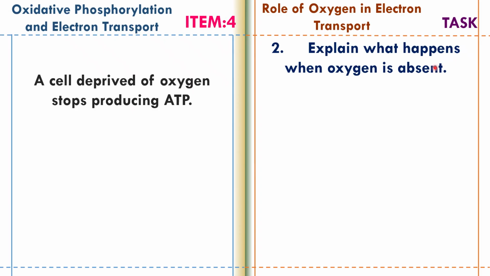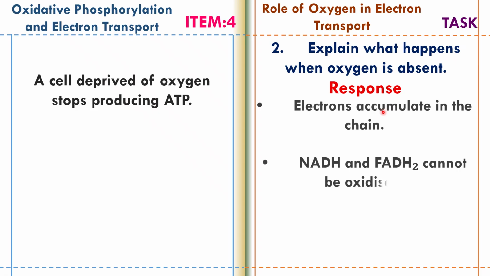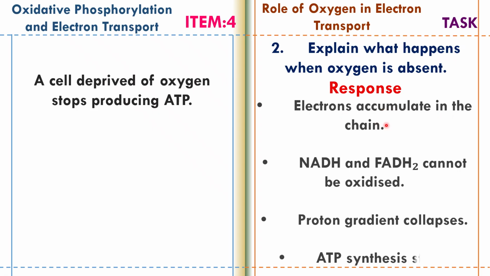Explain what happens when oxygen is absent. Electrons accumulate in the chain. NADH and FADH2 cannot be oxidized. Proton gradient collapses. ATP synthesis stops.